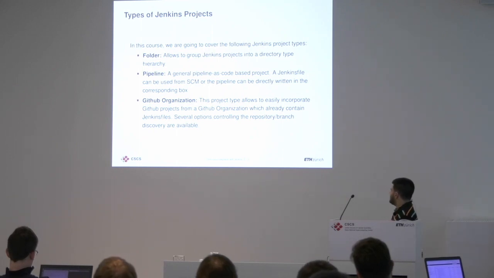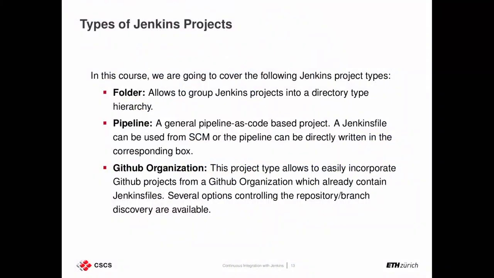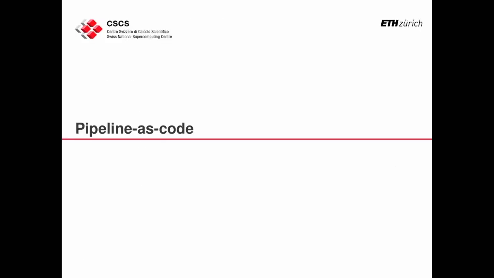The last one, which is the easiest one if you have your version hosted on GitHub, is the GitHub organization, and it automatically allows you to incorporate GitHub projects which already contain a Jenkinsfile and make them trigger Jenkins builds depending on the options that you select.